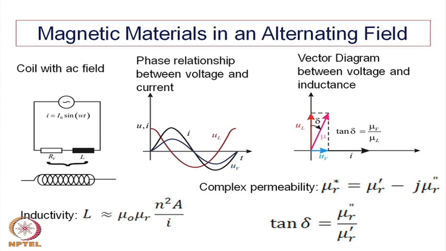Whenever such frequencies interact with this kind of ferrites, there is a fair amount of loss, and one has to understand how much energy loss takes place and what the phase lag is, because these are ultimately used in electronic circuits of different kinds, where you have different carrier waves and various frequencies.